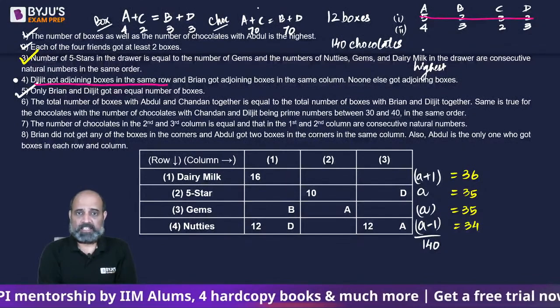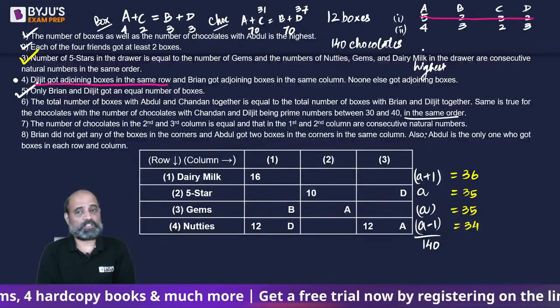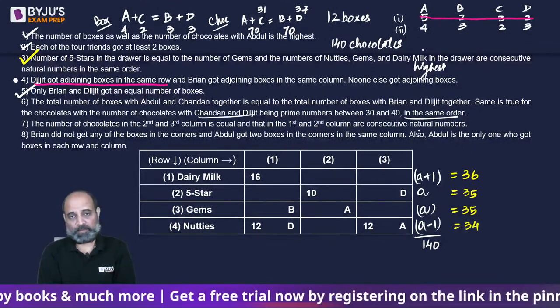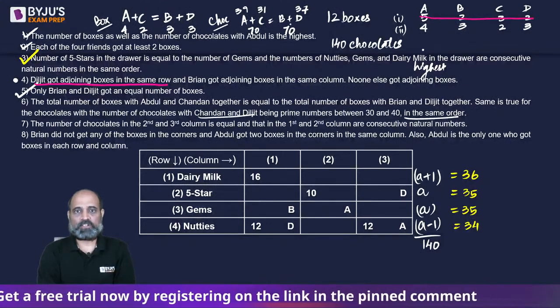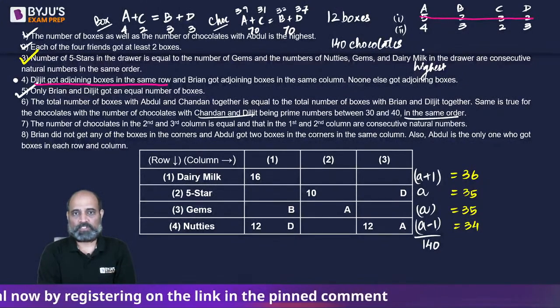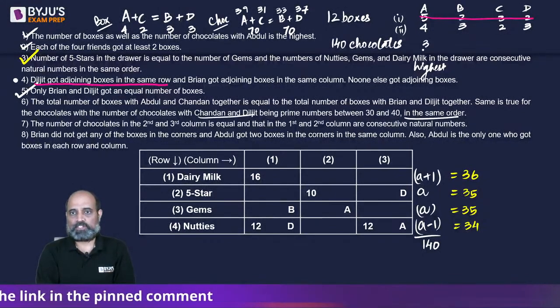So that means Chandan gets 31, Diljit gets 37. Why? Because it says in the same order. The prime numbers are assigned in the same order as the names. That means A gets a total of 39 chocolates and B gets a total of 33 chocolates. Makes sense? So A gets 39, B gets 33, C gets 31 and D gets 37.